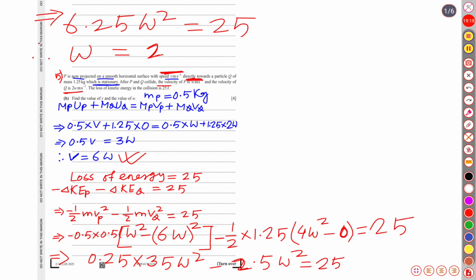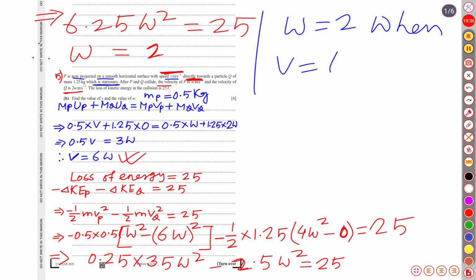That's why our w is 2. Now we can find the value of v also. V is 6w. V is equal to 6 into 2, which means 12.